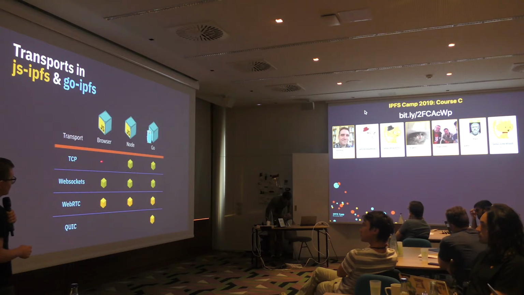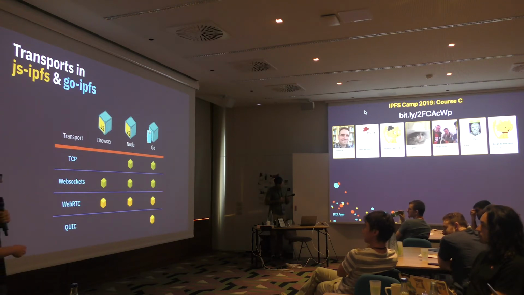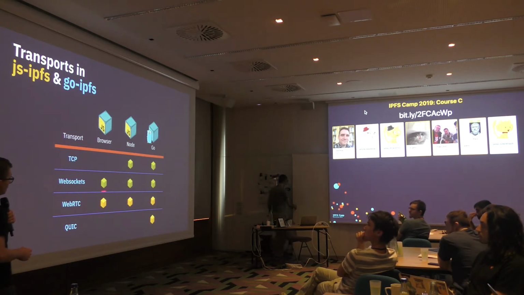However, in a browser, it's impossible to establish TCP connections. We use WebSockets in that context, and luckily you can enable it in Go after setting up certificates. That way you get full transport coverage across both implementations in all three runtimes. So WebSockets are a good default.